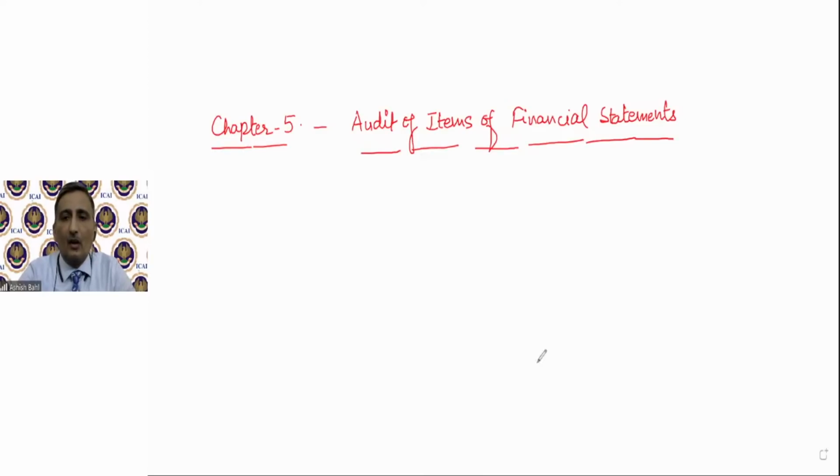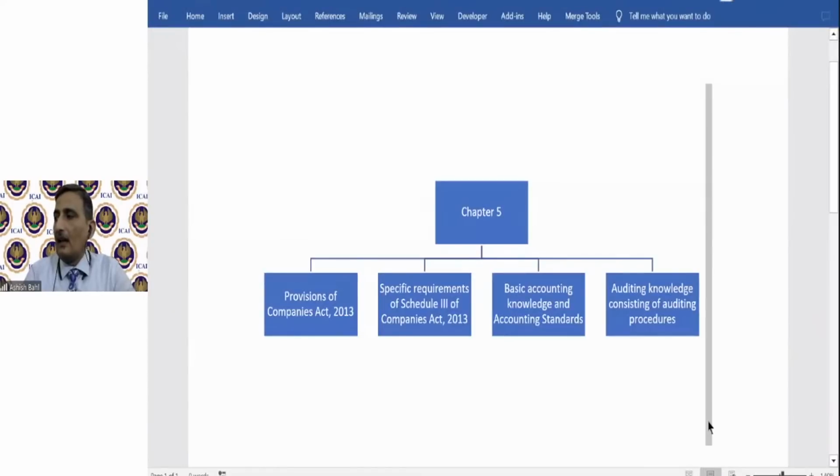Okay, so for your easy guidance, students, this chapter is basically based upon 4 areas. One area is provisions of the Companies Act. Second area is specific requirements of Schedule 3 of the Companies Act 2013.